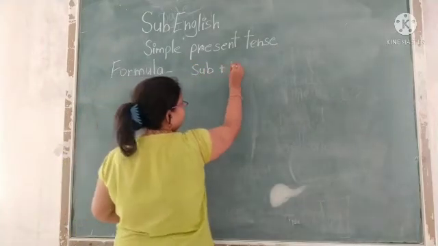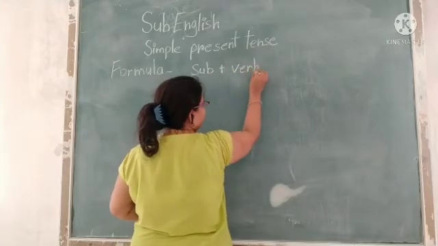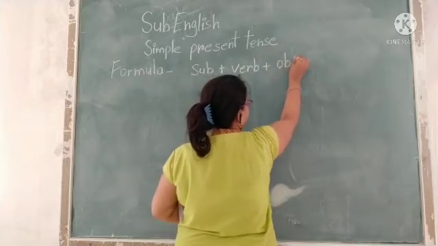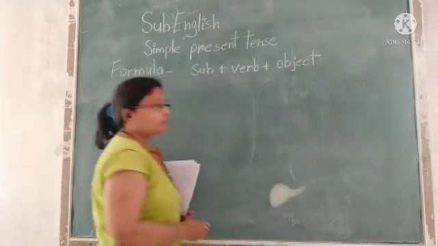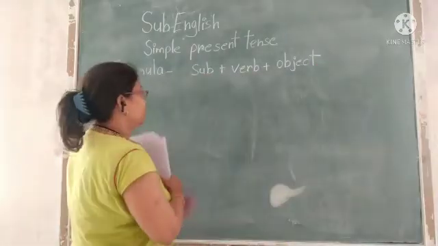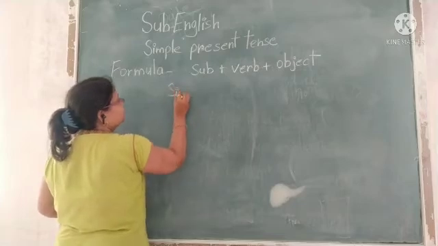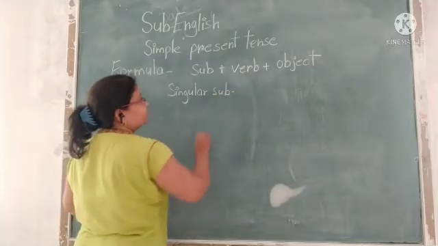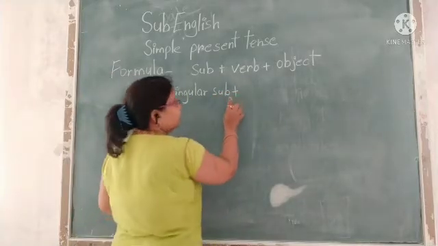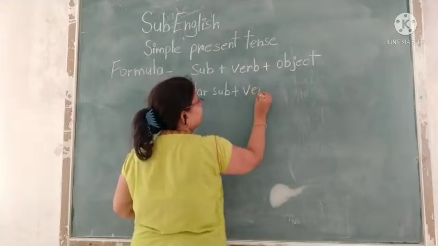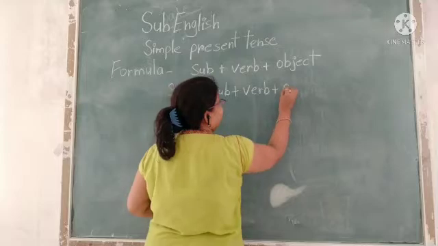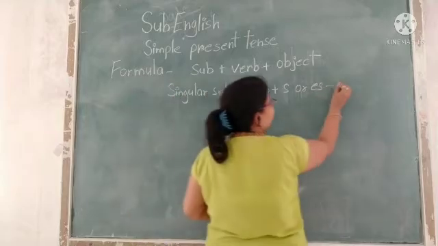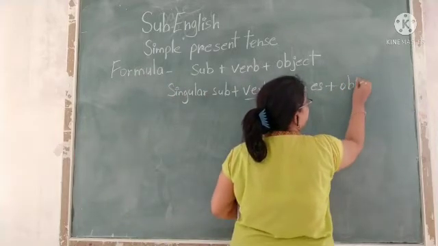subject plus verb plus object. If our subject is singular, then we add s or es in our verb plus object.